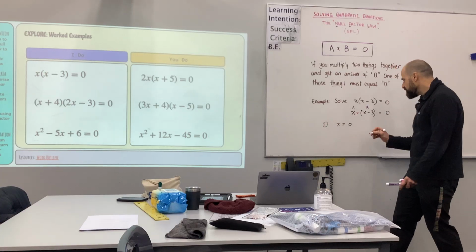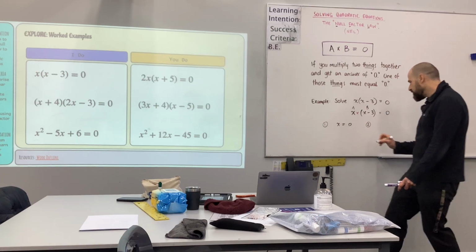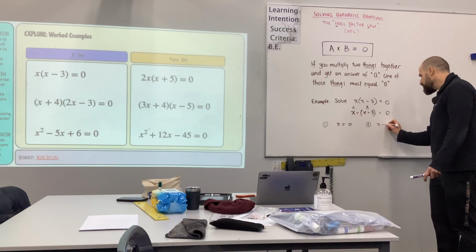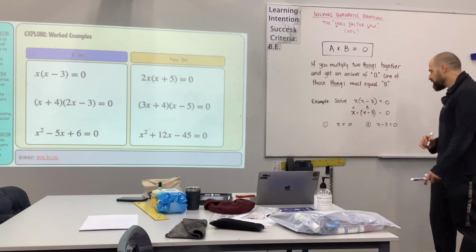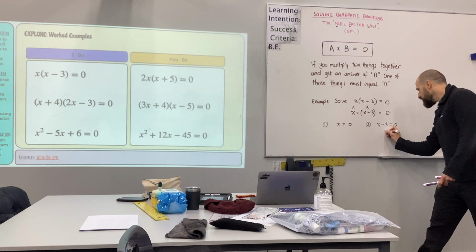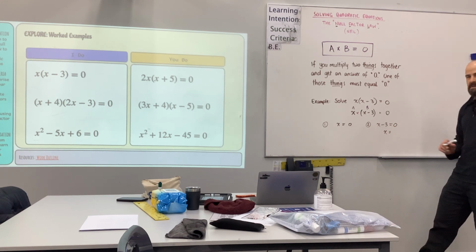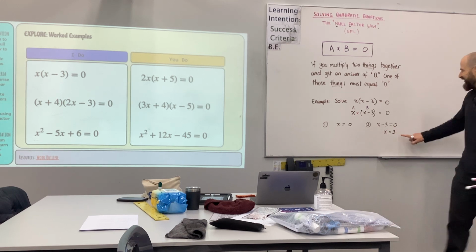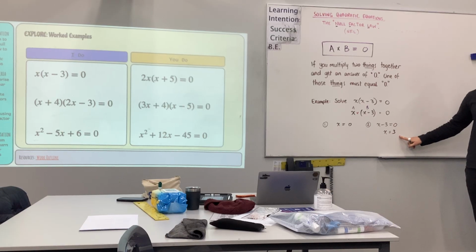So, first possibility. My second possibility is that x minus 3 equals 0. And if x minus 3 equals 0, x would have to equal 3. This is my second possibility.